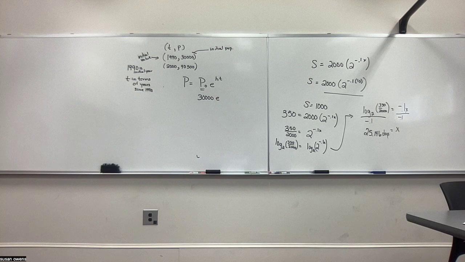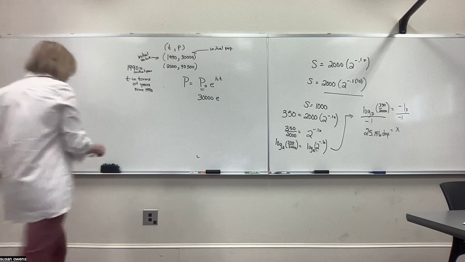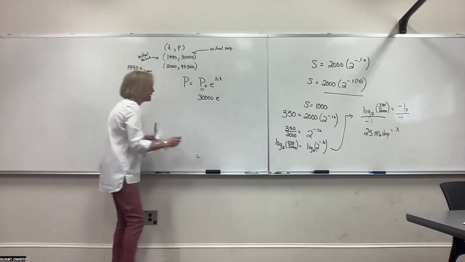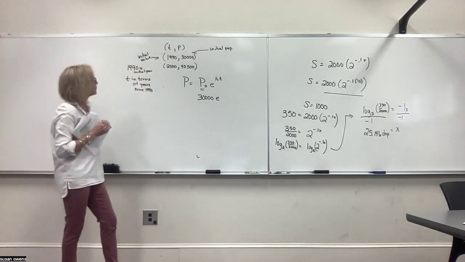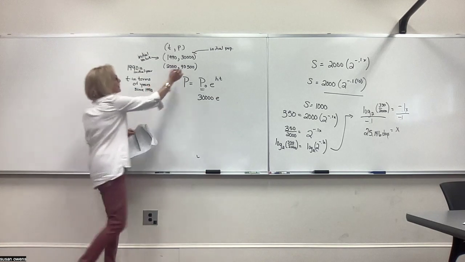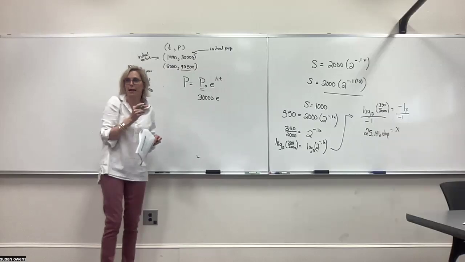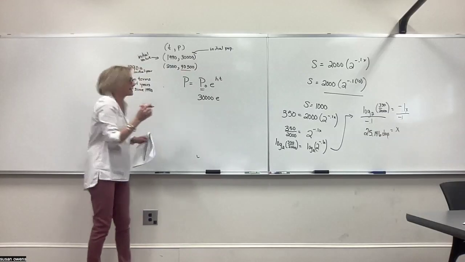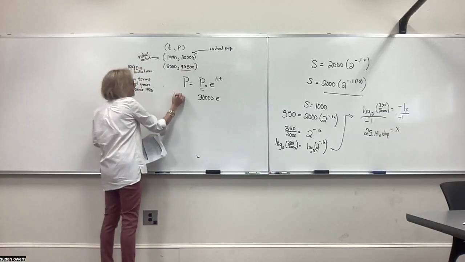All right, so I'm going to now use the other point to plug it in. What is the population of the other point that I know? The 40,500, right? That's another population that I have.